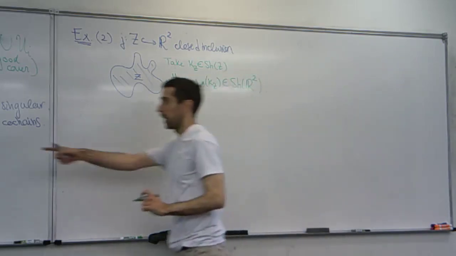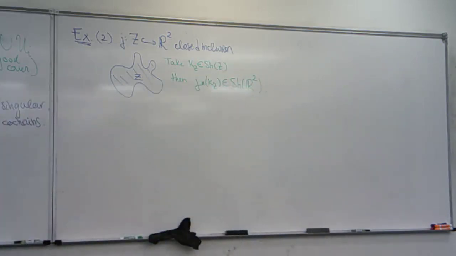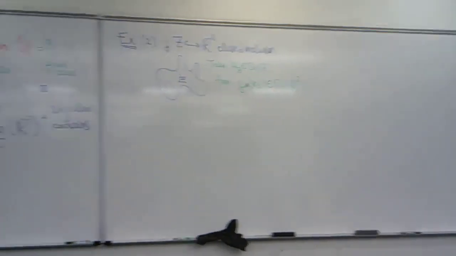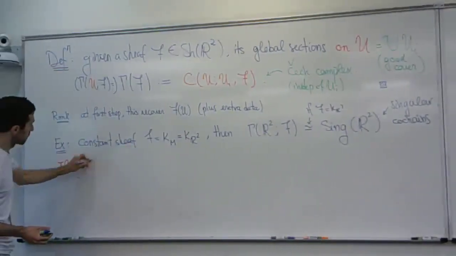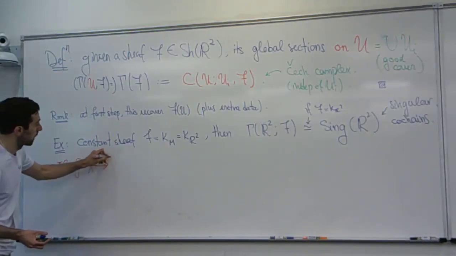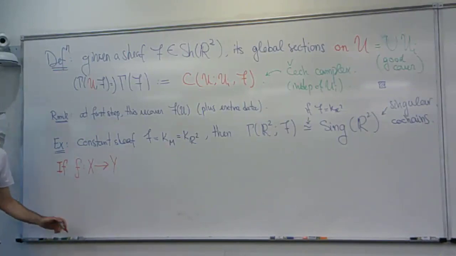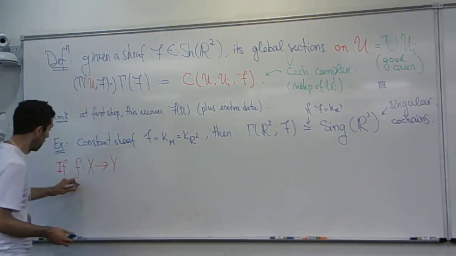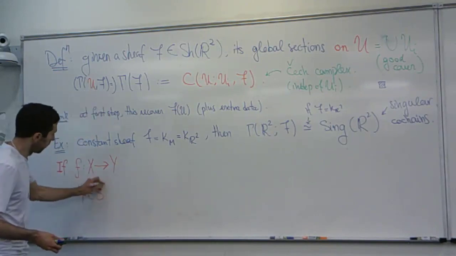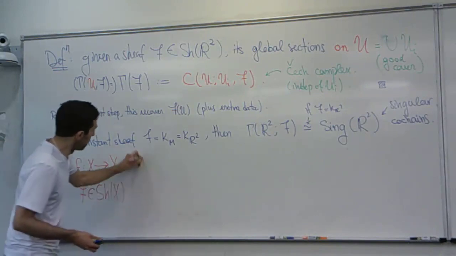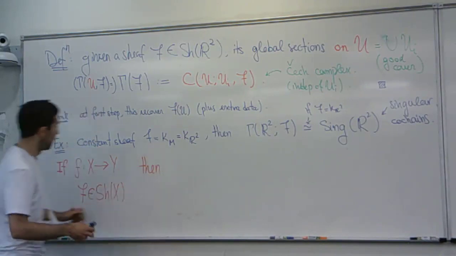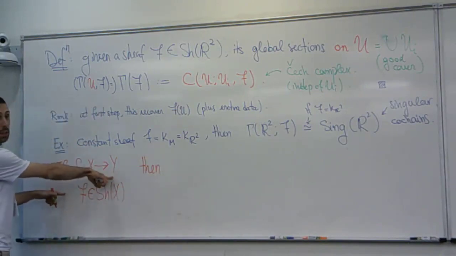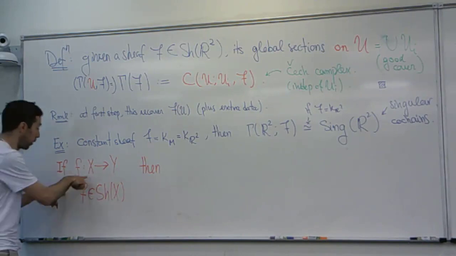Oh, that's why I left this here. So a general construction in here, which is going to be useful, is that of the push forward. It says if I have a continuous map between two topological spaces, in our cases these are going to be inclusions of open sets or closed sets, and you have a sheaf F on X, then you can construct a sheaf on Y. Because the map is continuous, the preimage of any open set is open, so F knows what to assign.